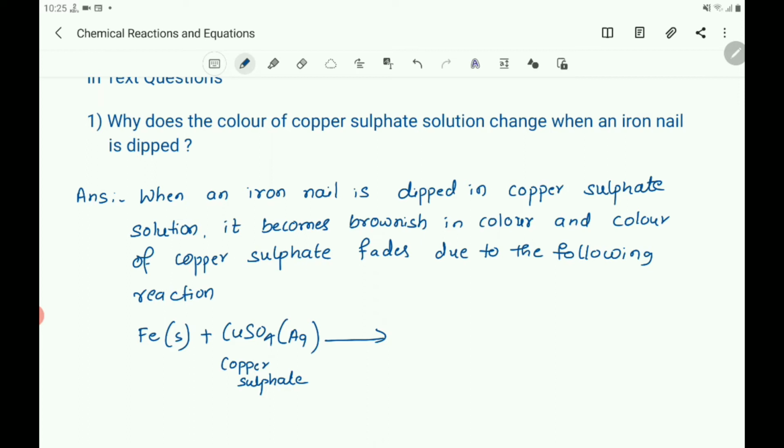Iron and copper sulfate react to give FeSO4, which is a solution in water, and Cu. Here Cu is replaced by Fe, so it is a displacement reaction.